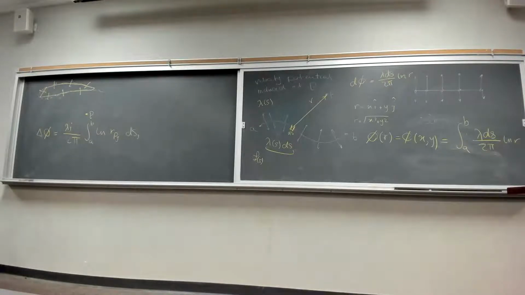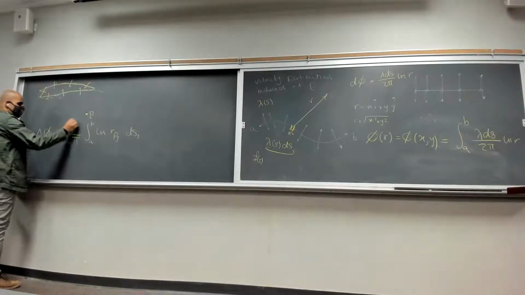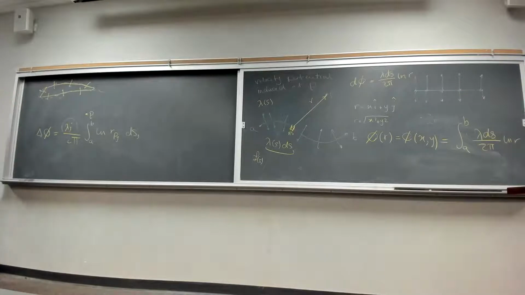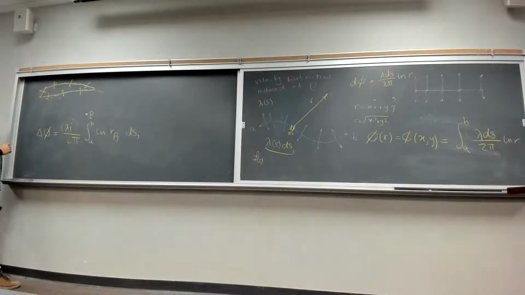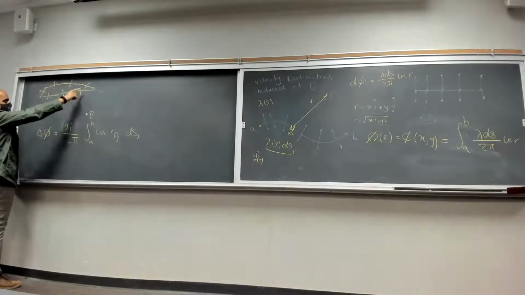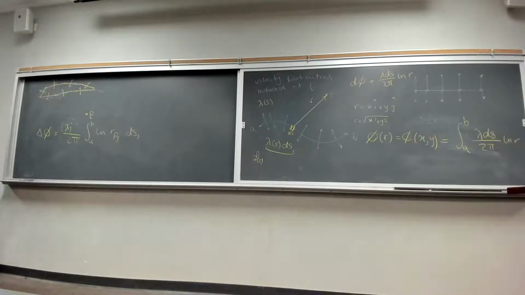Okay, so what do we have here? Again, the idea was you're dealing with a finite number of panels instead of an infinite number of line sources, right? So we are going to have a finite number of lambdas, lambda 1, lambda 2, lambda 3, lambda 4, 5, 6, 7, until lambda j.